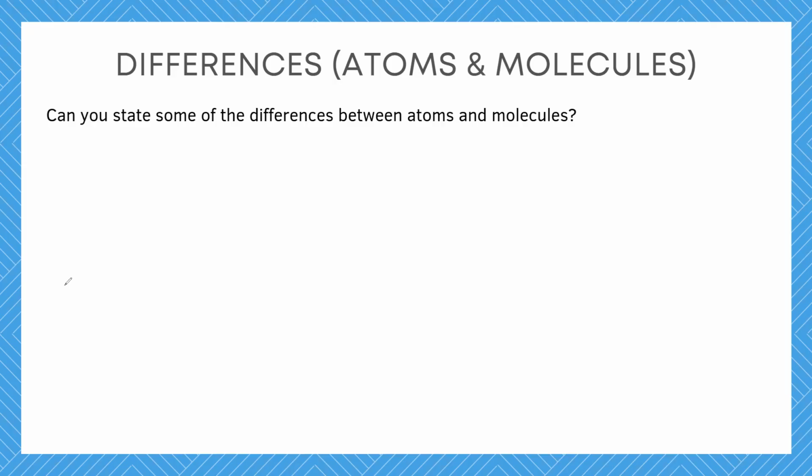I like that. If I ask this question, in terms of size, between the atom and the molecule, which one is bigger? Molecule. How about you, Dominic? Molecule. Very good.